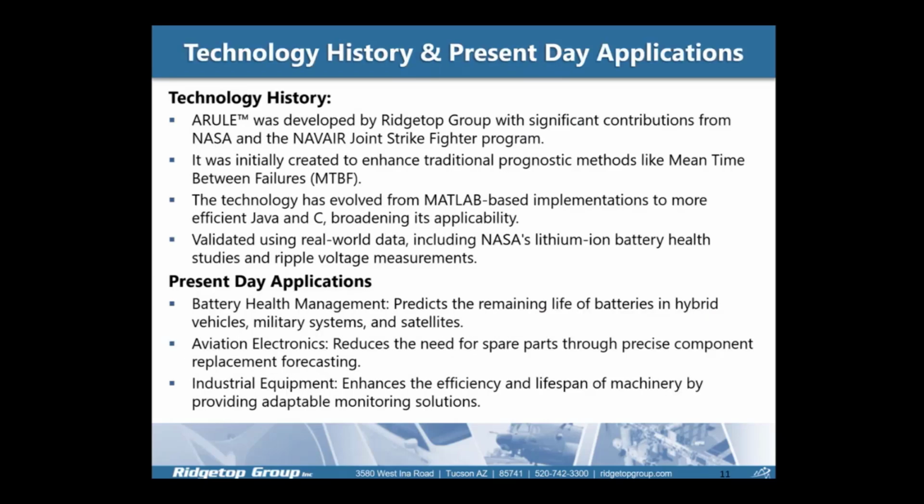With that, we were looking at several different types of failure modes, including certain anomalies for electromechanical actuators, power supplies, as well as lithium ion and nickel metal hydride batteries. The technology started out as a prototype done in MATLAB, and we evolved into several different implementations from Java to C to Python and even newer programming methods today.